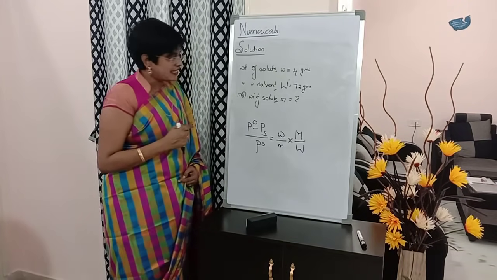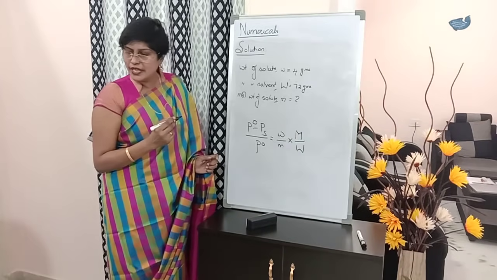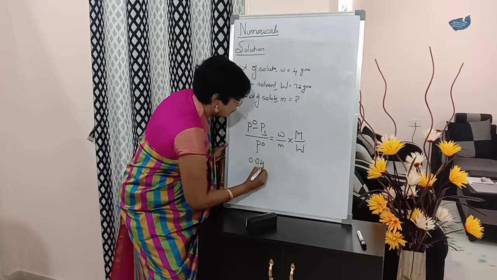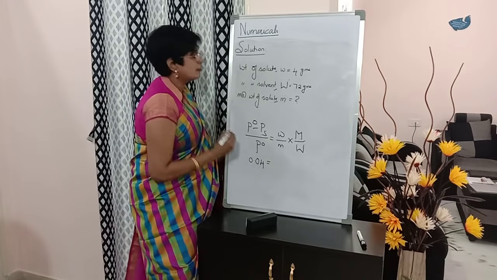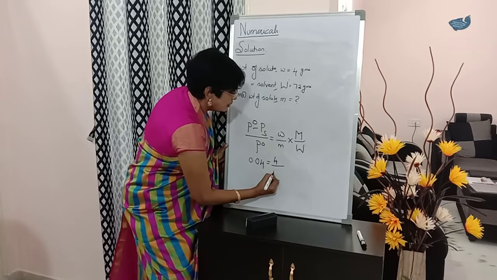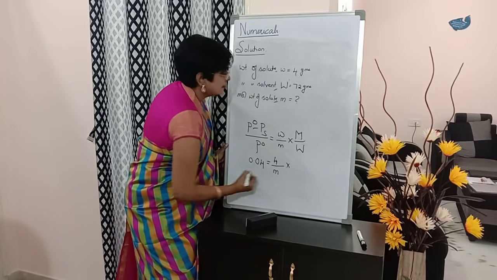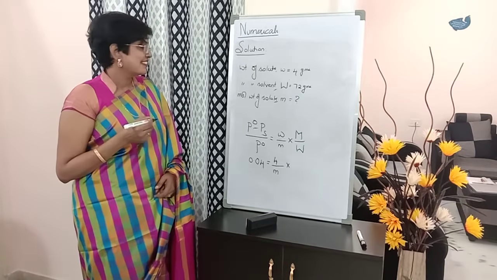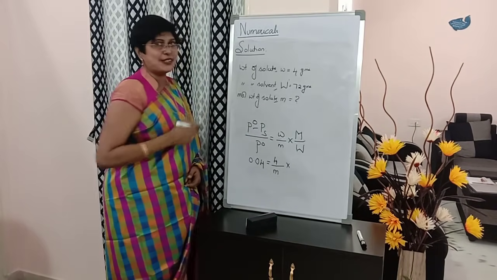So how much did we get, students, this value? 0.04. Write down here: 0.04 is equal to small w, 4, by small m, which we do not know, into what is capital M? Small m means molecular weight of solute.